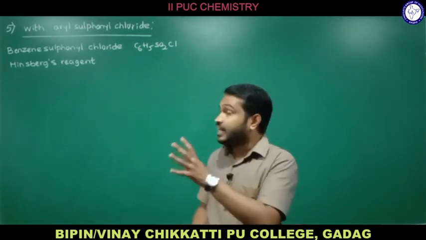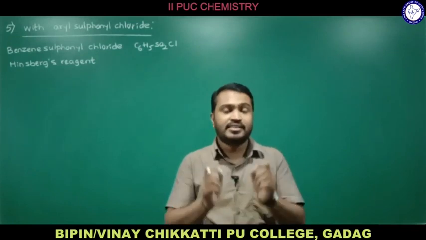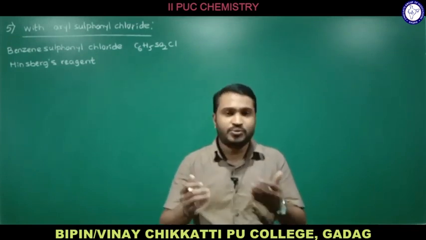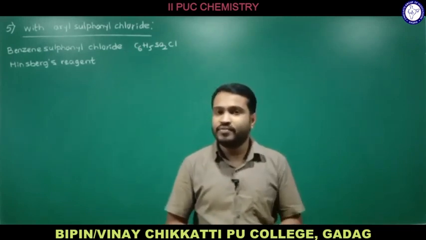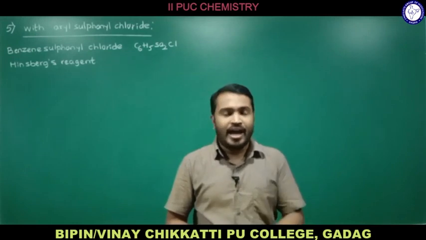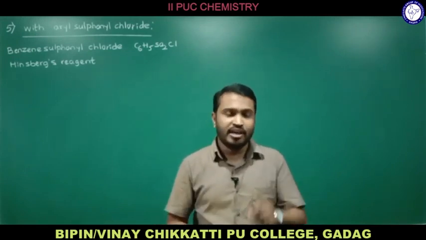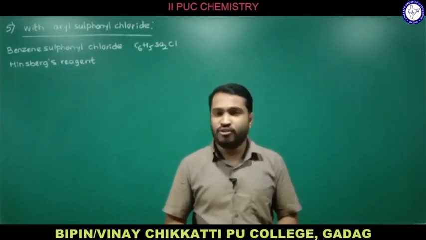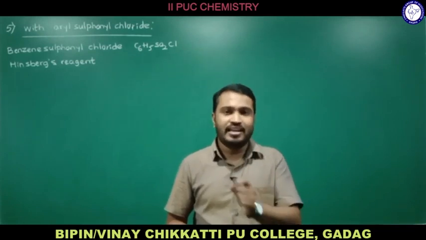Later I am going to write some examples for that. Whereas tertiary amines do not react with the Hinsberg reagent. This is the general test to distinguish between primary, secondary and tertiary amines. So the main function of Hinsberg's reagent is to distinguish primary, secondary and tertiary amines.